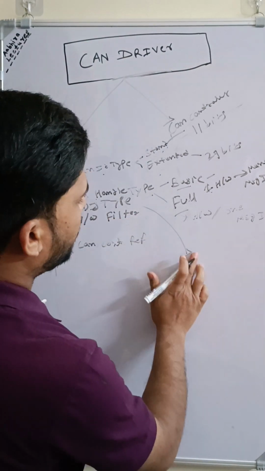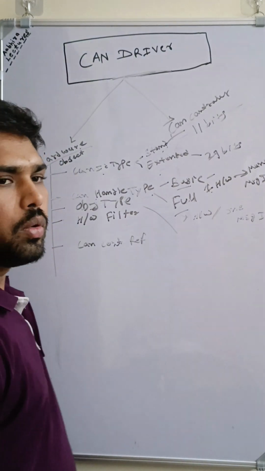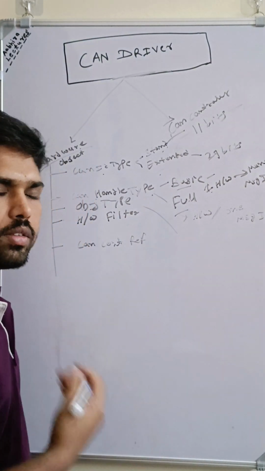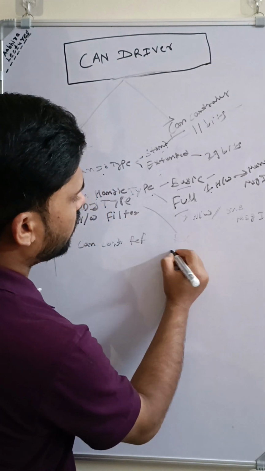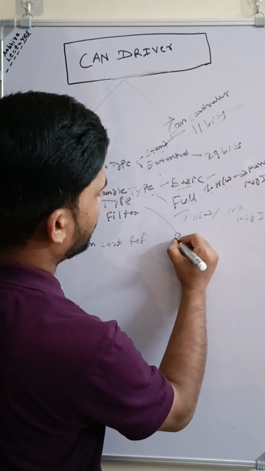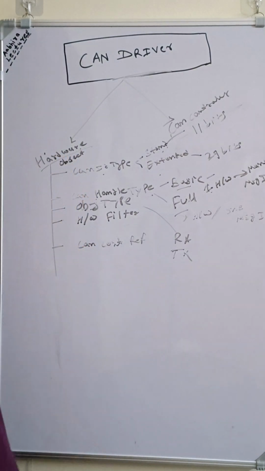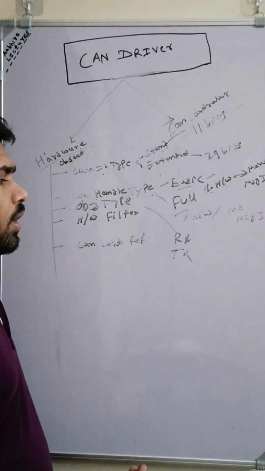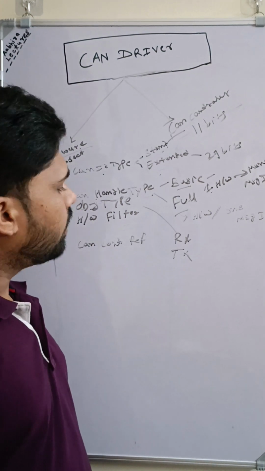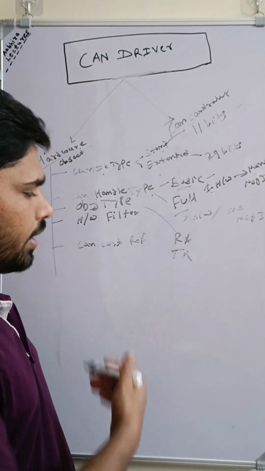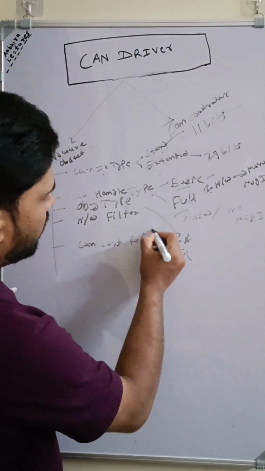The object type is nothing but the direction. In which direction do you want to configure, whether it is RX or TX. It depends upon the requirement, whether it is an RX message or a TX message. With respect to that, we have to select RX or TX.